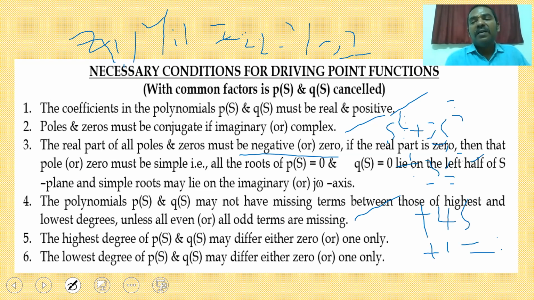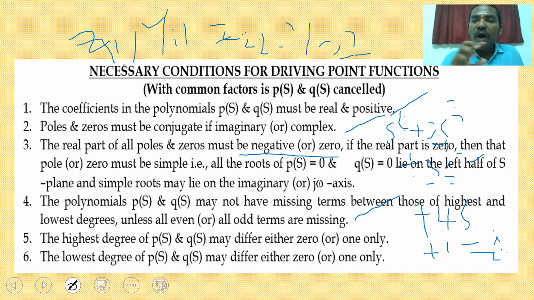So here s power 4 is there, s power 3 is there, s power 2 is there, s power 1 is there, s power 0 is there. So no polynomial powers are missing. Then it is applicable for the necessary condition. If any one term is missing, then it is not applicable for the necessary condition.